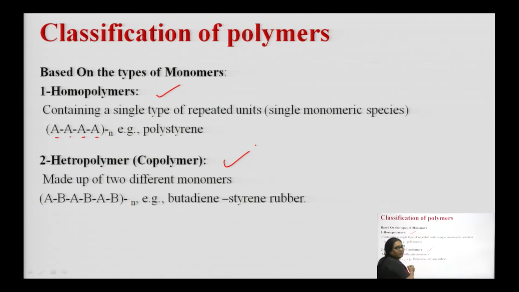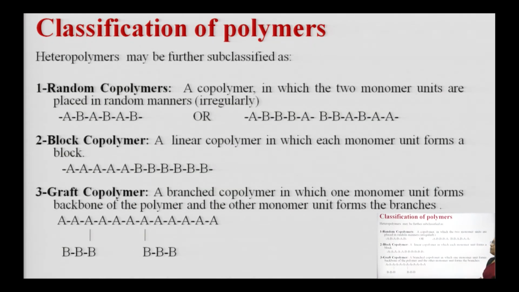Whereas in heteropolymers, we have two different types of monomeric units, A and B. Further, heteropolymers may be classified as random copolymers, block copolymers or graft copolymers. This classification is based on the arrangement of the monomeric units.